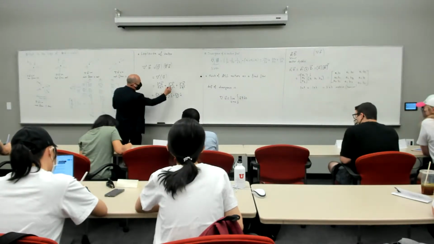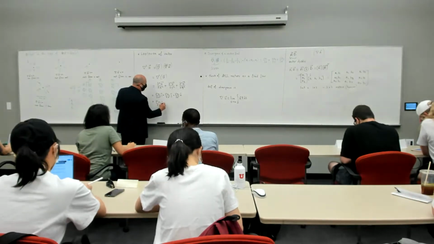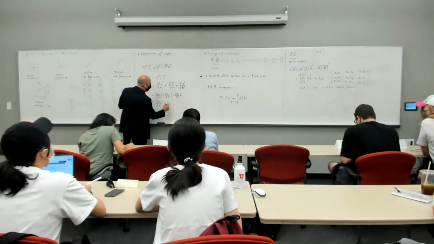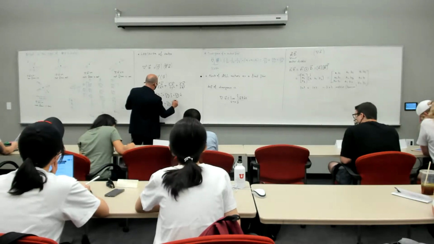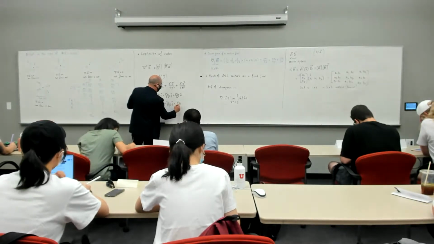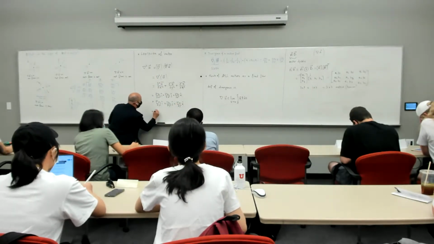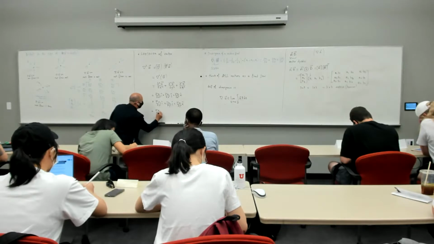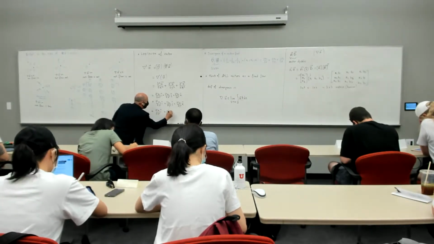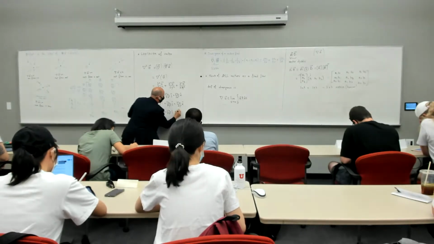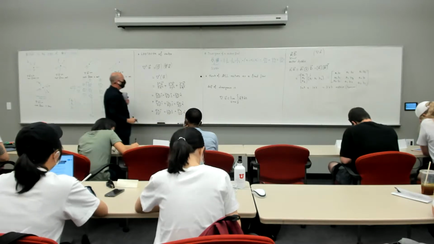Plus d2u1 by dy squared i plus d2u2 by dy squared j plus d2u3 by dy squared k, plus d2u1 by dz squared i plus d2u2 by dz squared j plus d2u3 by dz squared k.